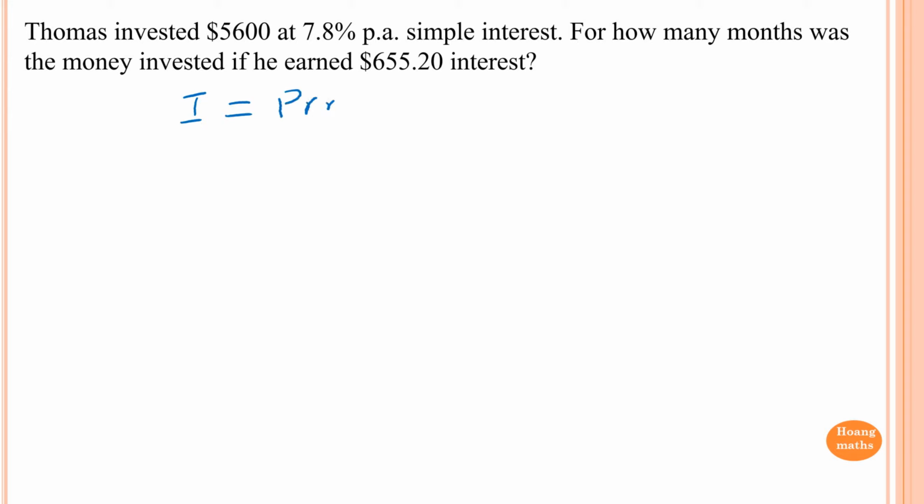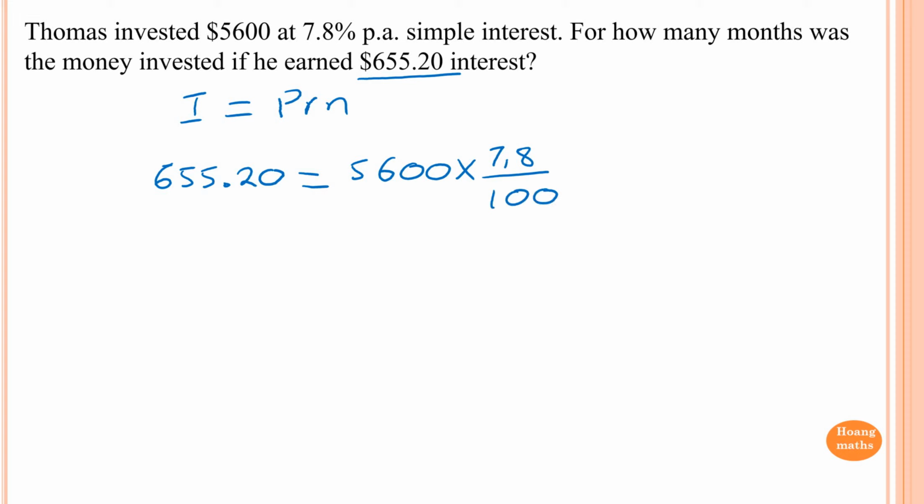I equal PRN. That's all. So we just put that in the formula first. So I is the interest, which is this much. So I substitute that in. So 655.20 equals P, P is the amount of money that he invests, which is 5600, times by the interest rate, which is 7.8%, and the time we don't know, so just write n.